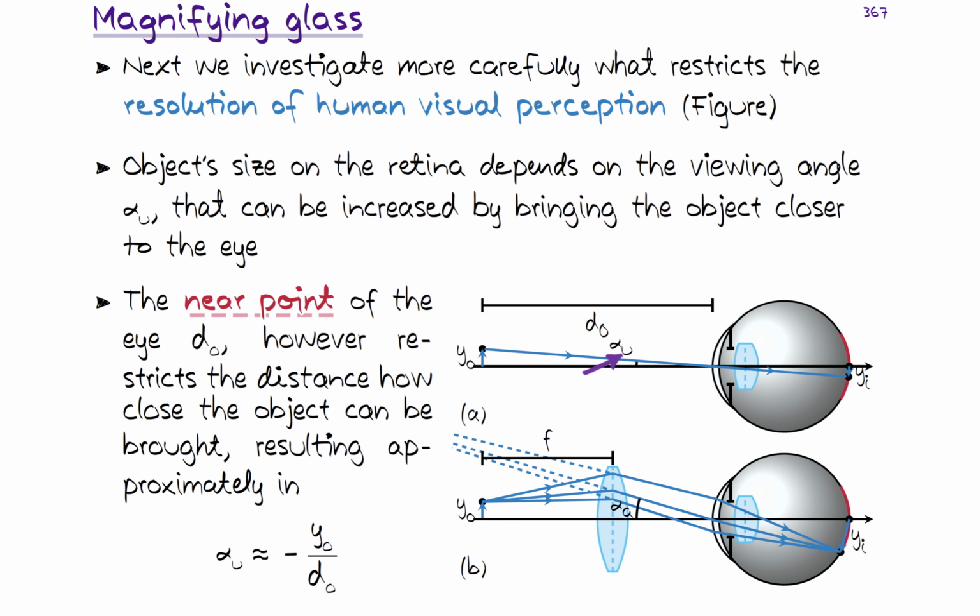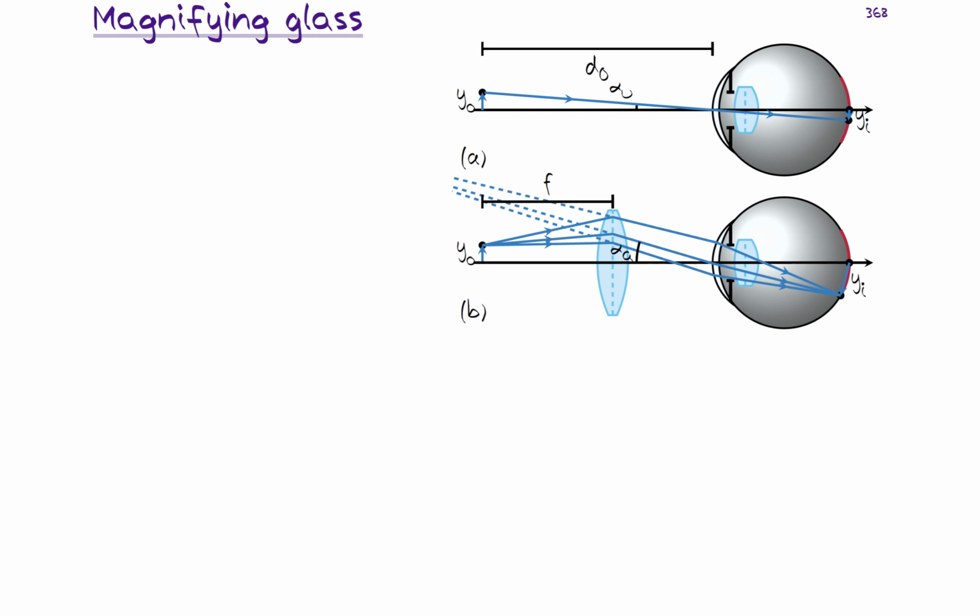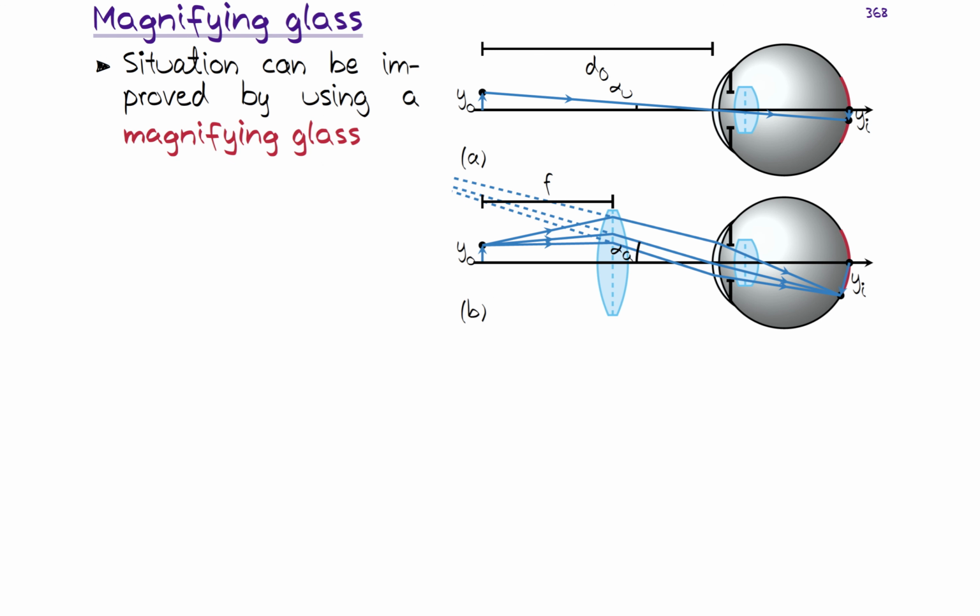Because the angle is small, I can write this equality. Of course, it's approximately true because we are approximating the tangent of alpha to be alpha itself, but this is a fine approximation in this case of our interest.